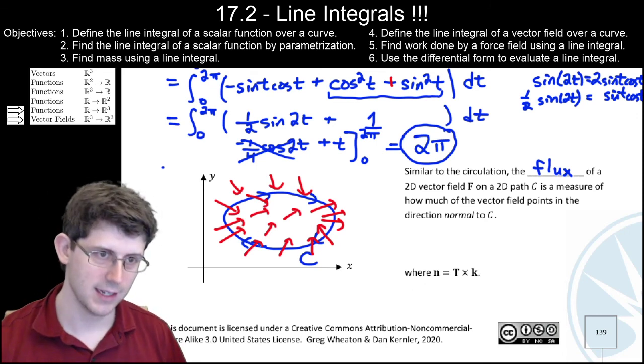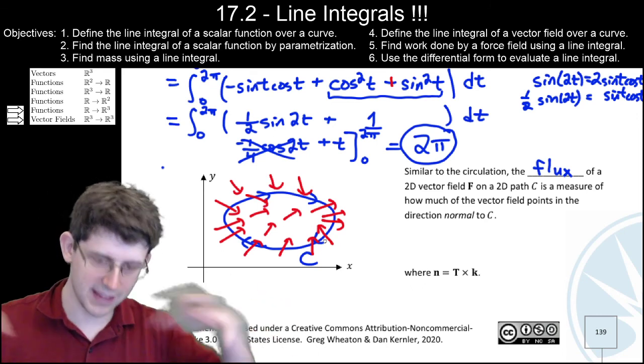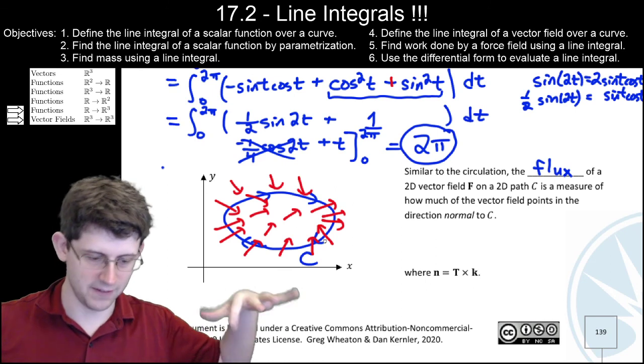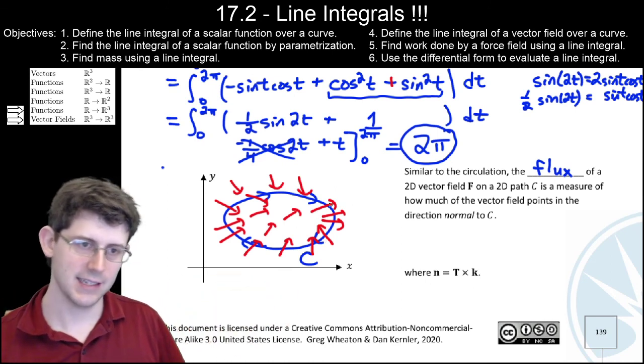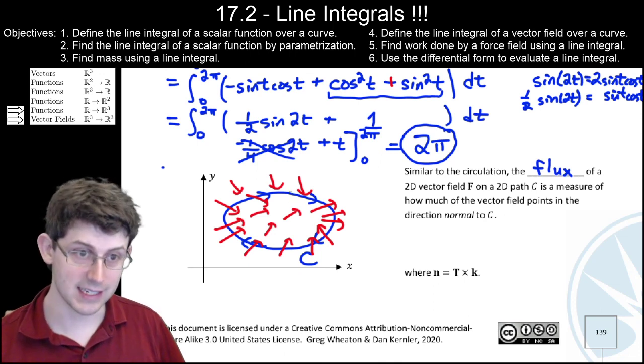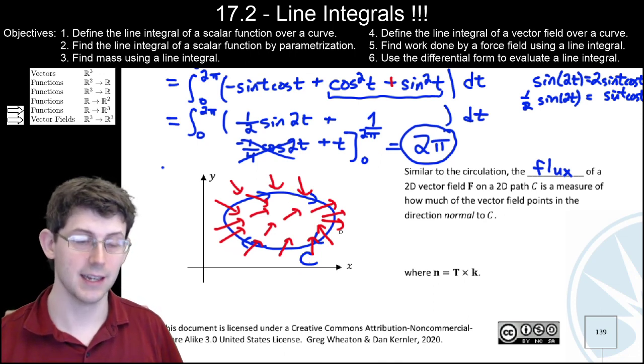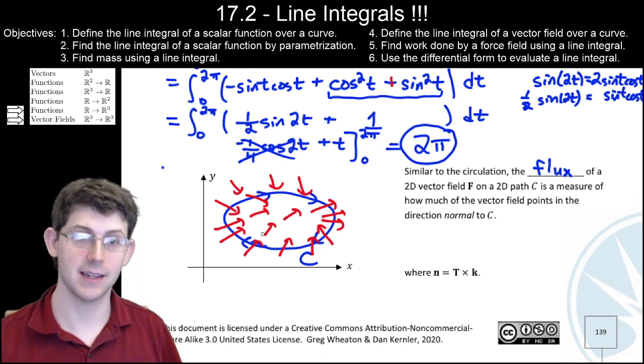In total, is there air leaving the inside of C, or is there flux coming into the inside of C? That's the flux. Instead of asking whether the vectors are going the same way as C, like the circulation, now we're asking whether the vectors are pointing in or out of C.